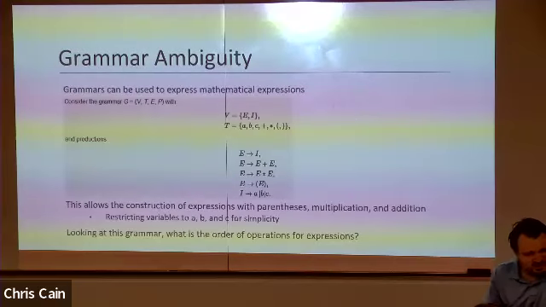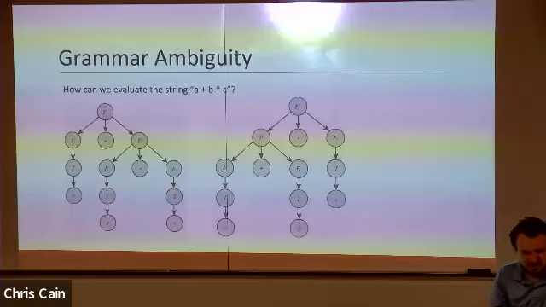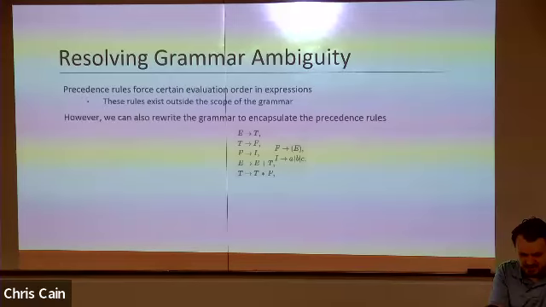So I just introduced this concept of a grammar for plus and times and parentheses, as well as a limited subset of variables or constants, A, B, and C. We found that this was ambiguous because there are multiple different parse trees that can generate the expression A plus B times C. So we're trying to remove the ambiguity from the grammar and encapsulate precedence rules into the grammar.